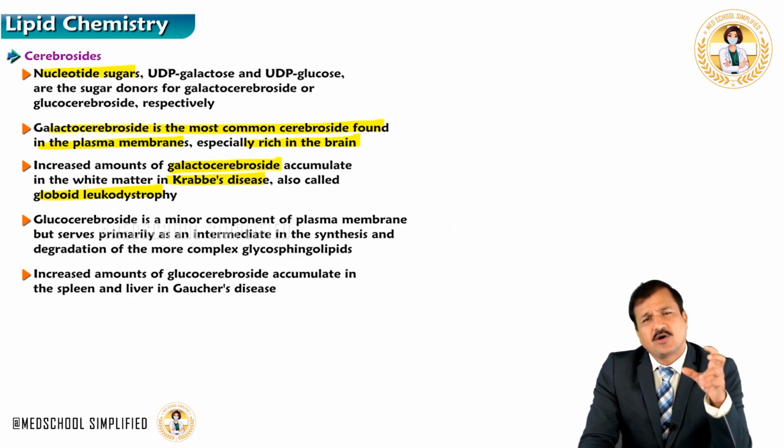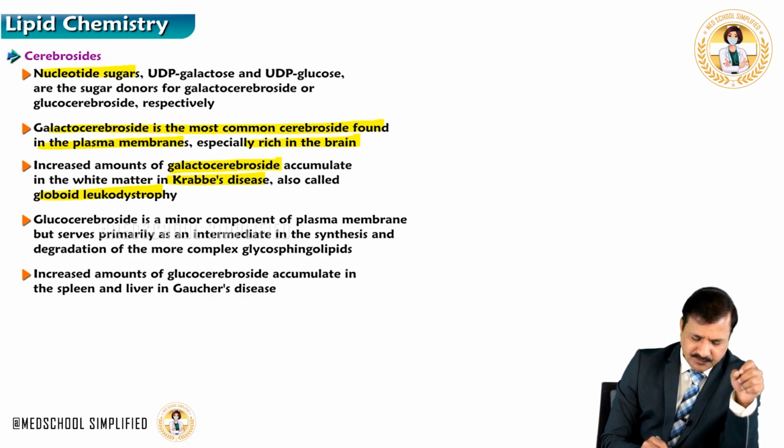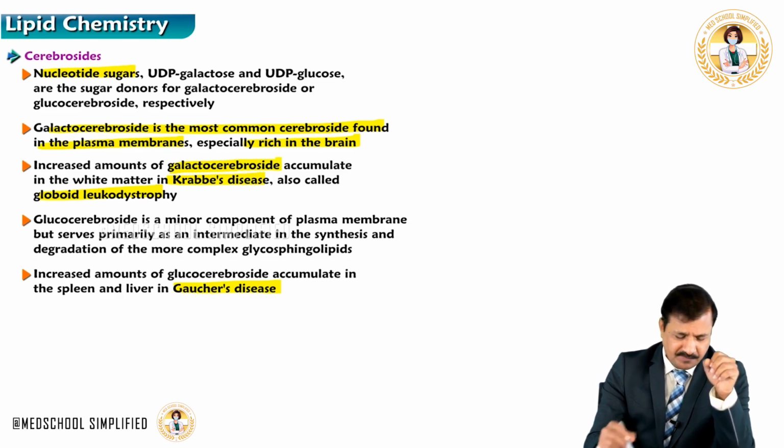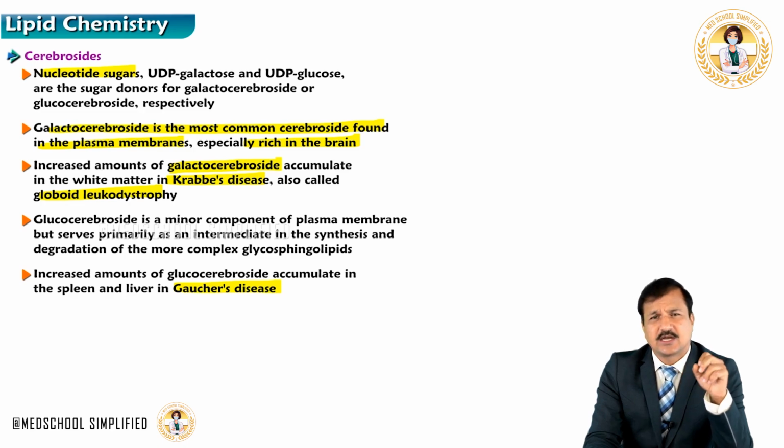And increased quantities of glucocerebroside are found to accumulate in the spleen and liver of patients suffering from Gaucher's disease. We are going to go into details of these disorders, but at this point in time, know the name of the disease and also what kind of molecule is accumulated in the tissue of these patients. So, in Krabbe's disease, galactocerebroside is accumulated.